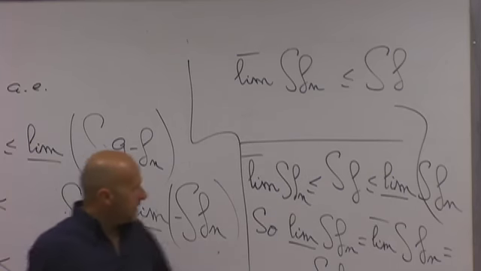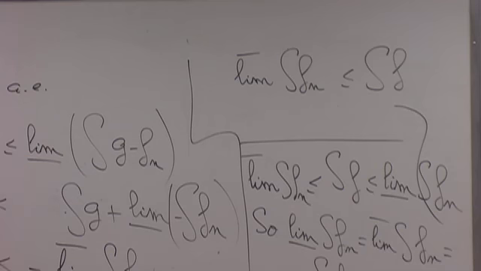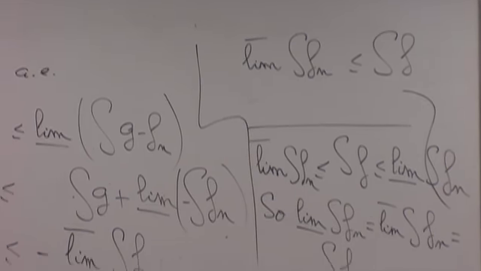And of course, then the integral of f needs to be equal to them because if the two bounds are equal, then in the middle it's equal too. So the limit exists because the lim sup is equal to the lim inf, and is equal to the integral of the limit.